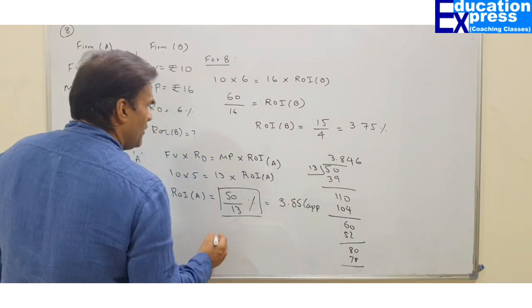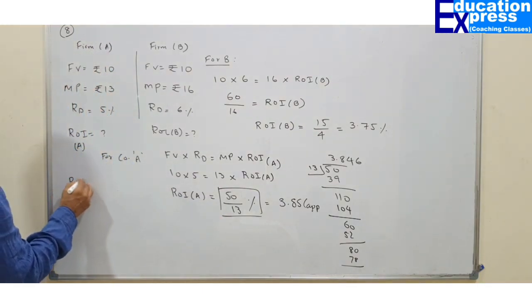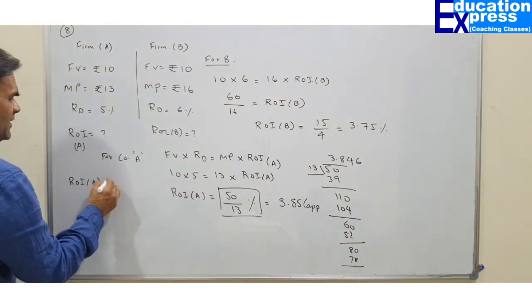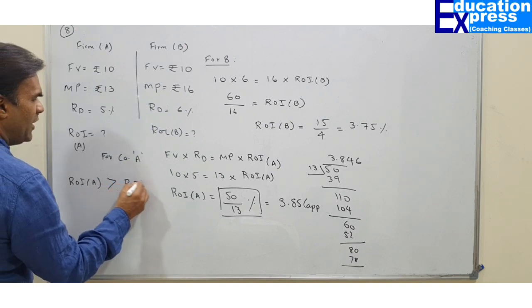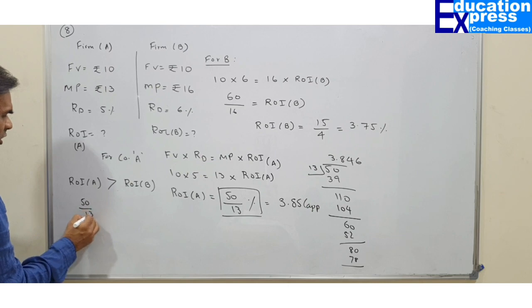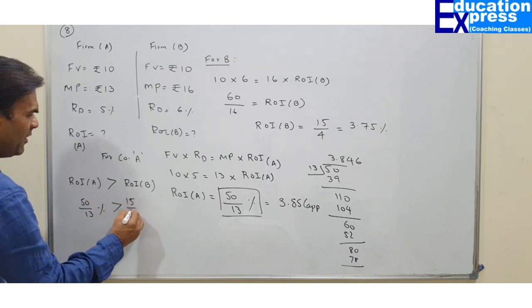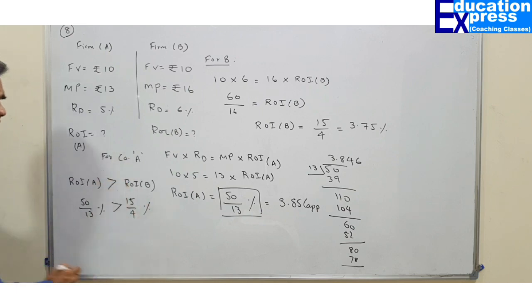So in short, ROI of A is greater than ROI of B. Why? Because 50 upon 13% is greater than 15 upon 4%.